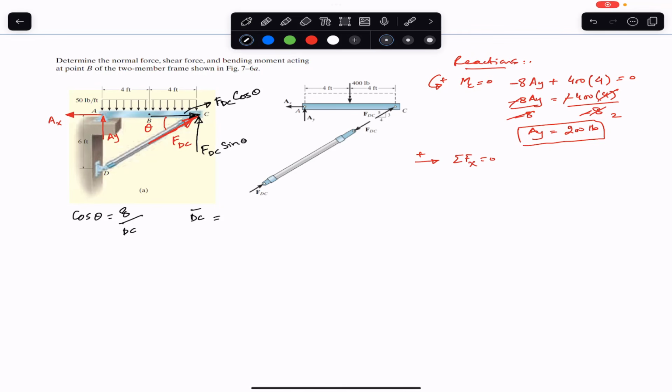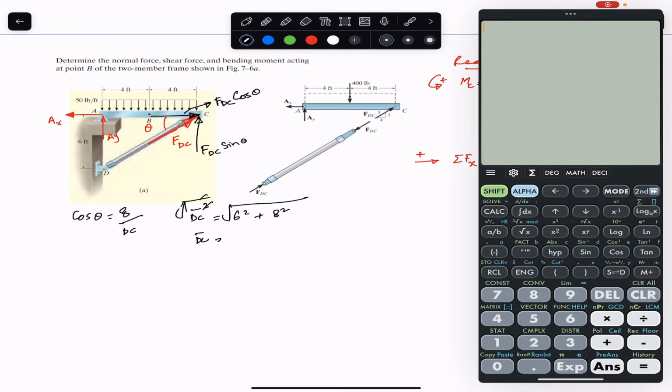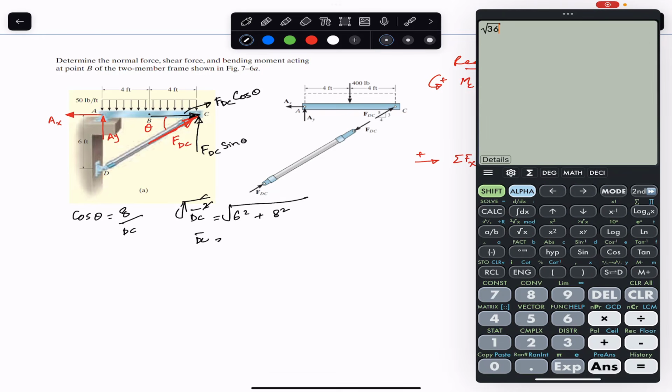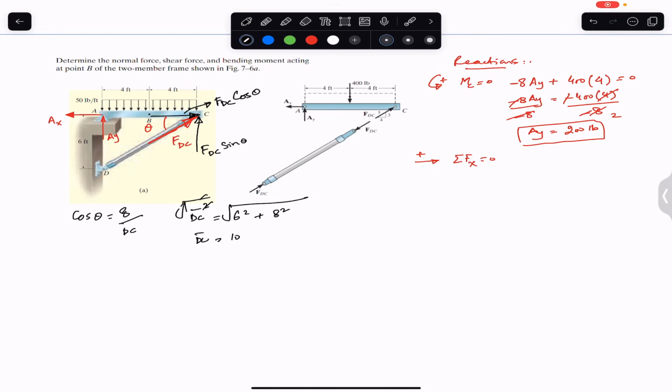So DC square is equal to this square plus this square, so this is 6 square plus 8 square, and if we take the square root on both sides of the equation, we will get DC length. 6 square is 36 and 8 square is 64, so we get 10. So the length of member DC is 10 feet.